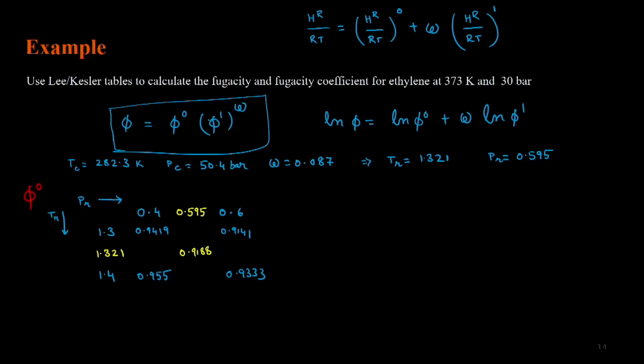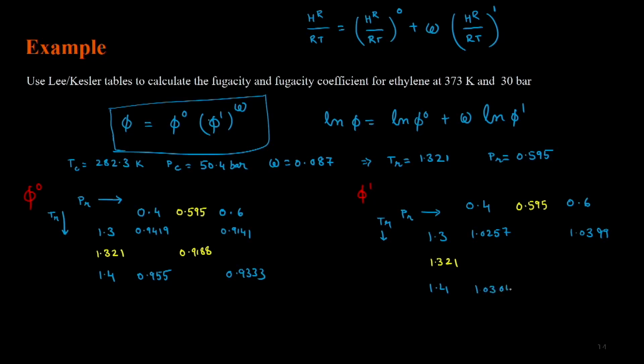If we want to do a more rigorous calculation, we will also involve phi 1. I look up these 4 values in the table and then do a double linear interpolation.